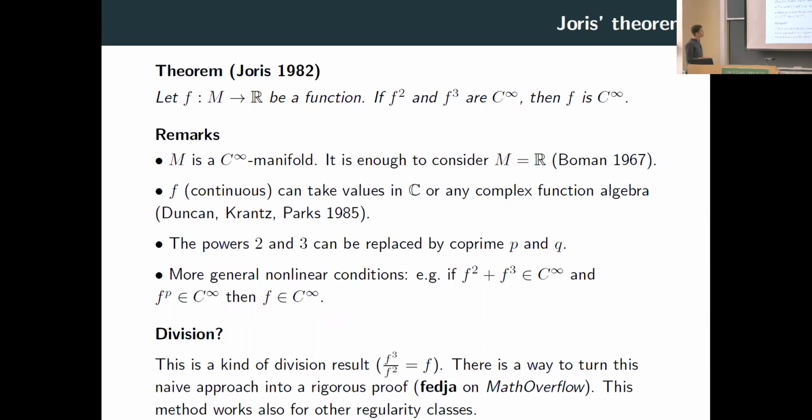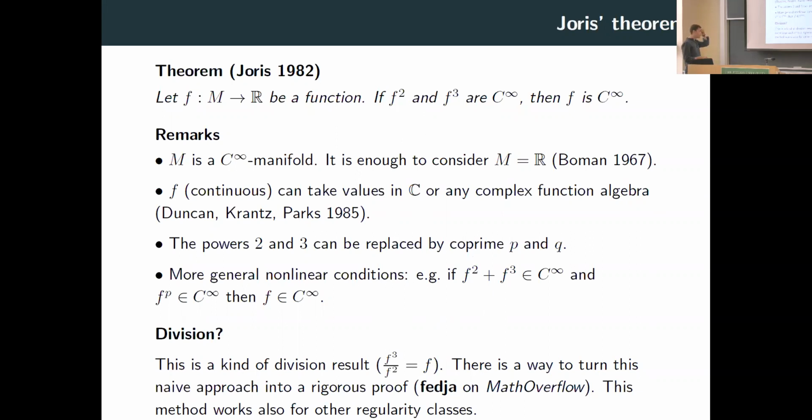Very simply because if you divide F cubed by F squared, you get F, naively. Of course, there's a lot involved here because a priori these are C infinity functions, so the zeros of the denominator can be very, very bad.